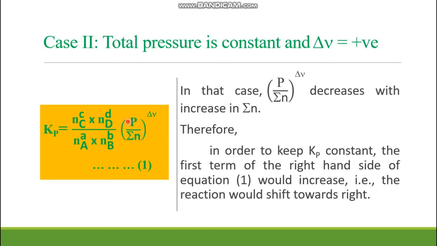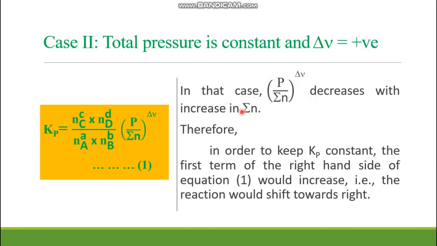If this value decreases, in order to keep Kp constant, this one must increase. This means the numerator would increase and the denominator would decrease. That means the reaction would shift to the right hand side, that means to the forward direction. So if delta nu is positive, P by summation n to the power delta nu decreases with increase in summation n.